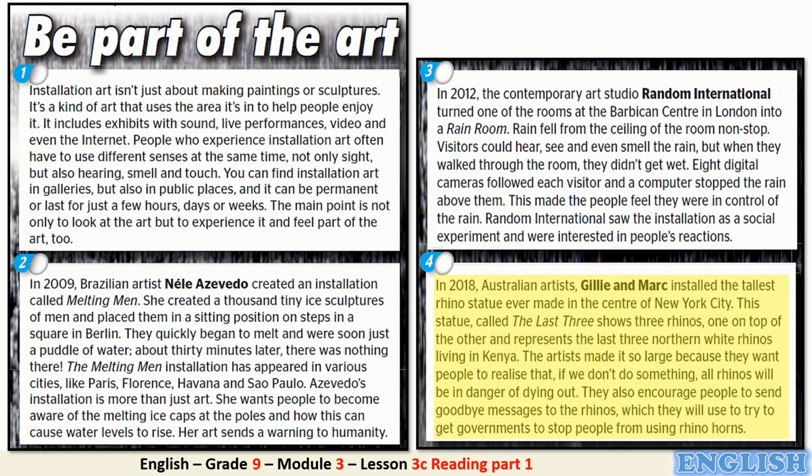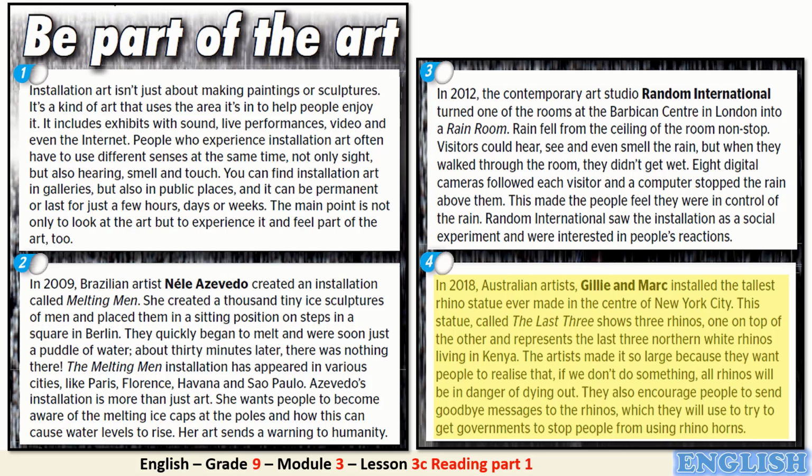In 2018, Australian artists Gilly and Mark installed the tallest rhino statue ever made in the centre of New York City. This statue, called The Last 3, shows 3 rhinos, one on top of the other, and represents the last 3 northern white rhinos living in Kenya.